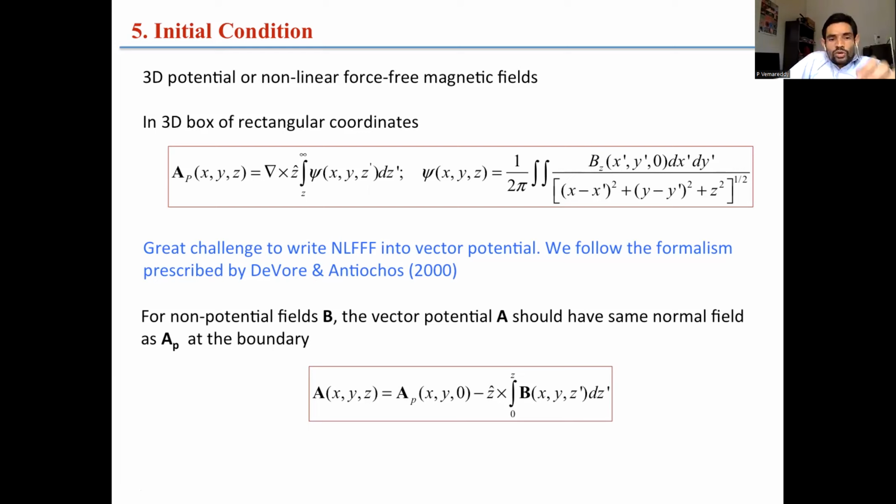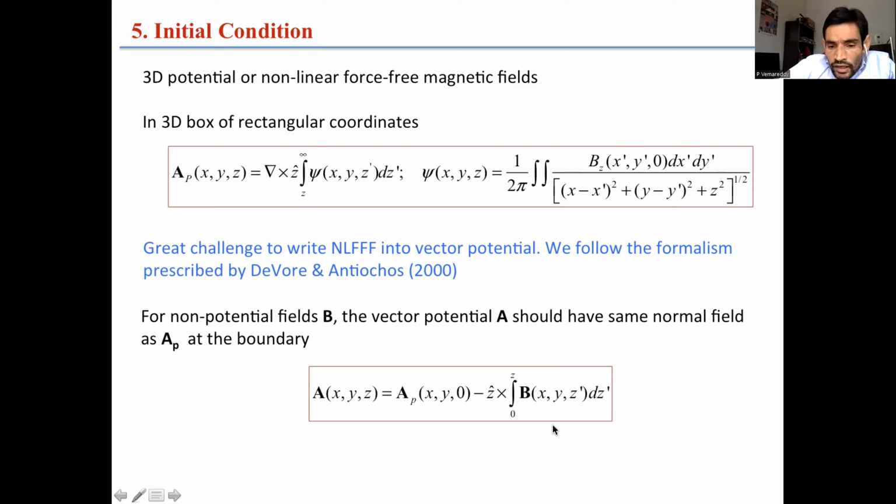That is the case for a potential magnetic field model. If it is not the case, for example if the magnetic field is highly twisted in the solar atmosphere, then we need to do some kind of extrapolation coming from other models and numerical techniques.